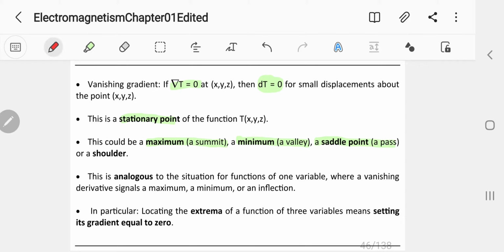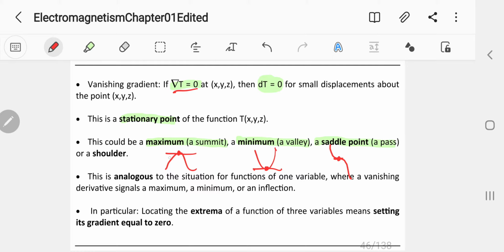So you have here a summit. So there, the gradient is 0 in this case. Or a valley, here you have also the slope is 0. And when you have a saddle point, it's also 0 there, the slope.